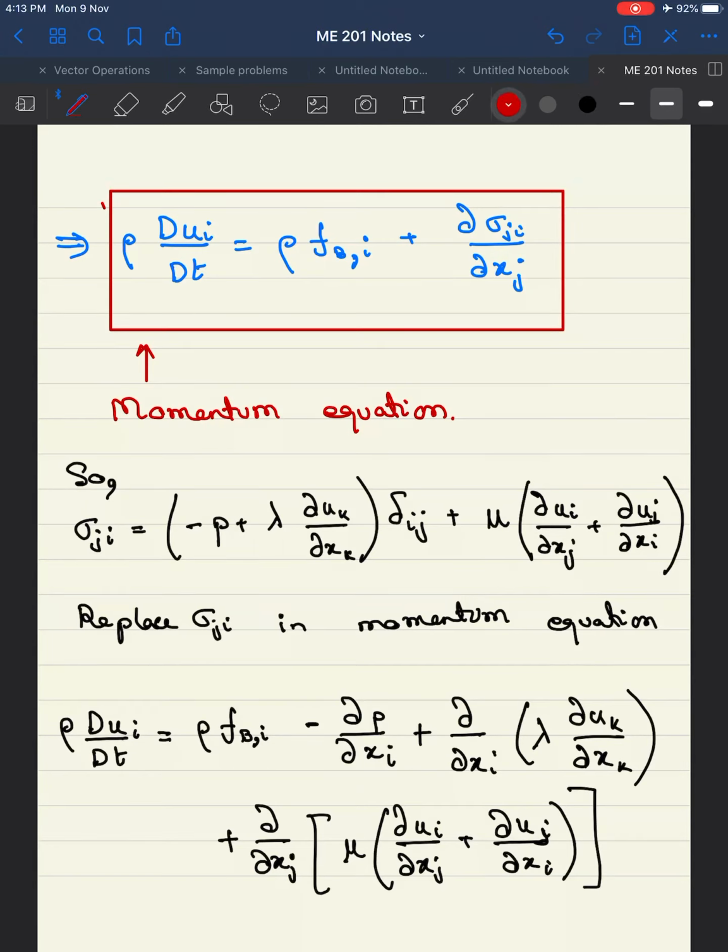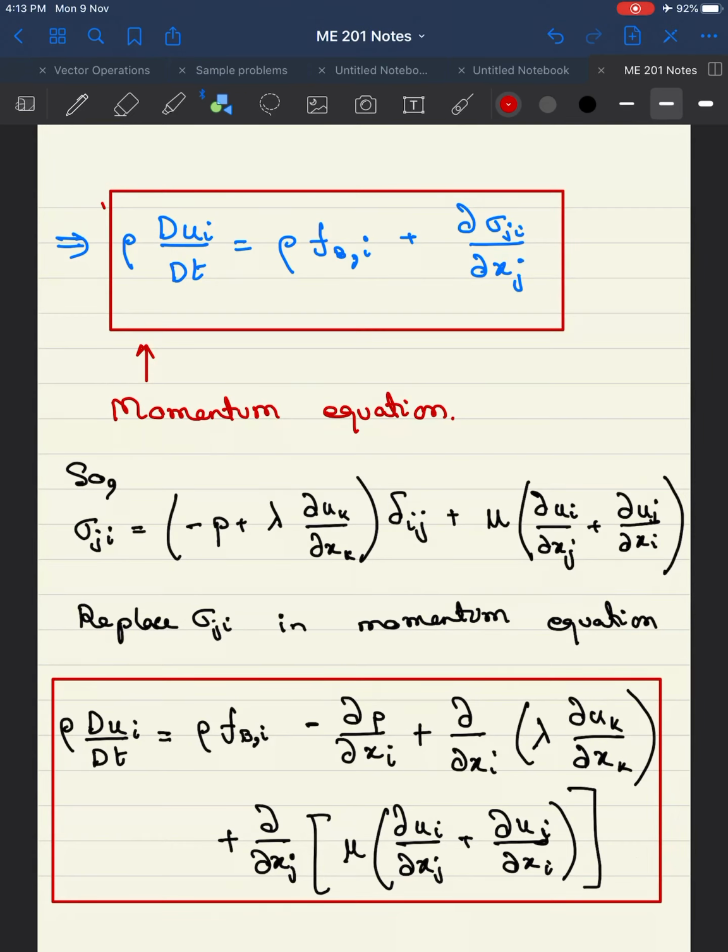And this is now the complete equation for a Newtonian fluid, and this is where we wanted to get. This is also called the Navier-Stokes equations for a Newtonian fluid.